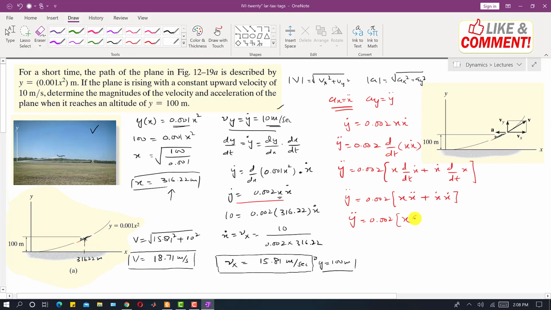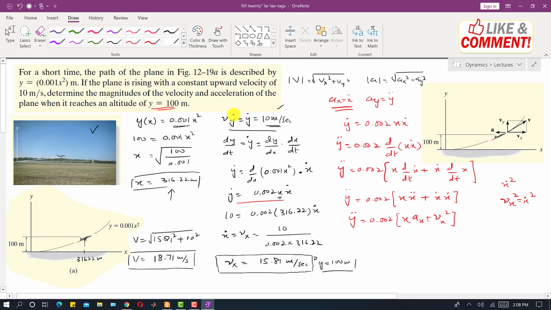So we can write that this is x ax plus x dot square, and Vx is equal to x dot, right? So this means that x dot square is Vx square. And we want to find the acceleration when y equals 100 meters, right?